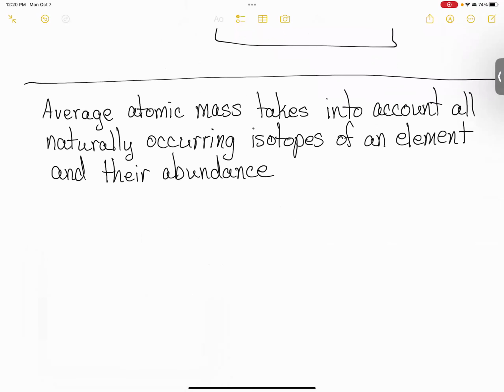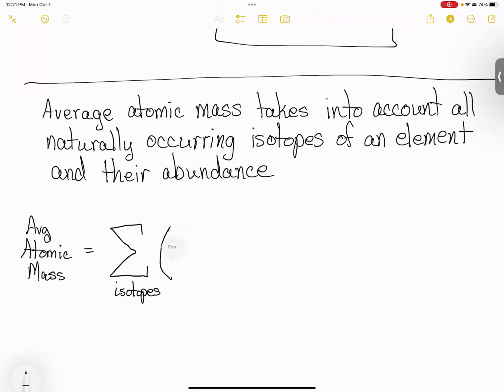To calculate the average atomic mass, this will be equal to the sum over all naturally occurring isotopes of the isotope mass times the abundance.